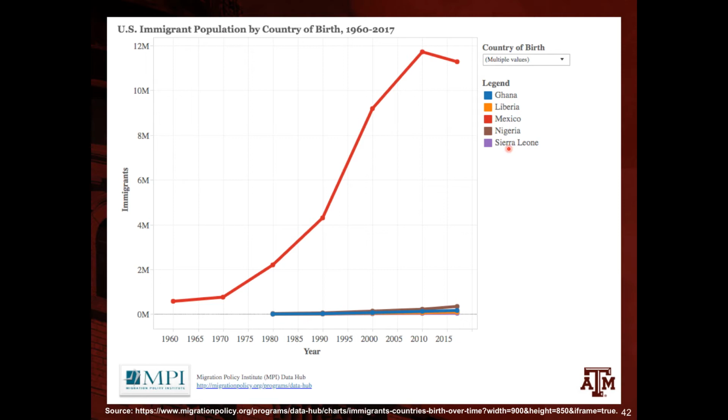And Liberians and Sierra Leoneans, usually immigrants from those countries, have lower education and earnings than immigrants from Ghana and Nigeria. So we first started the project grouping the immigrants from these four countries, but then we started to focus more on Ghana and Nigeria, and more recently, mostly on immigrants from Nigeria.